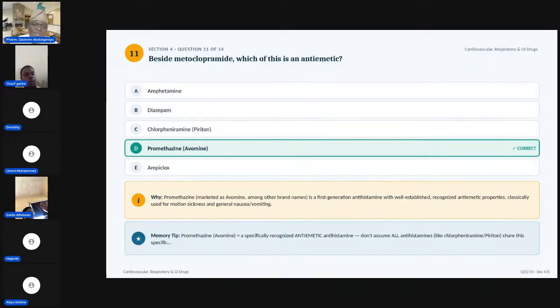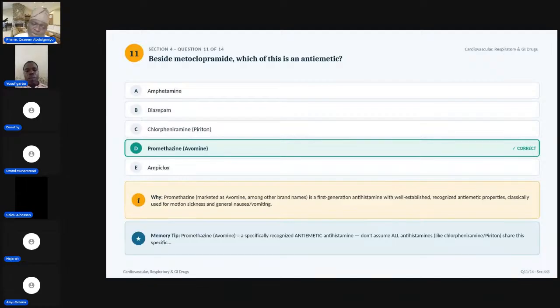So you can imagine what came next now. The next question is saying, beside metoclopramide, which of these is an antiemetic? So the question that I was saying I was going to twist, the person asked the same question. So instead of putting promethazine only, it has put beside metoclopramide.